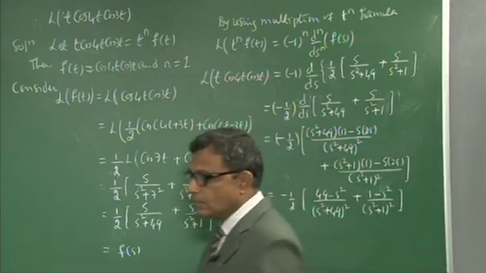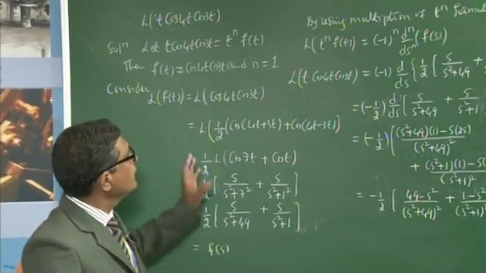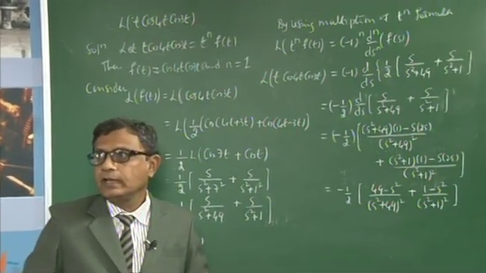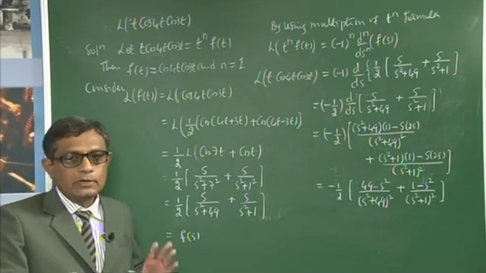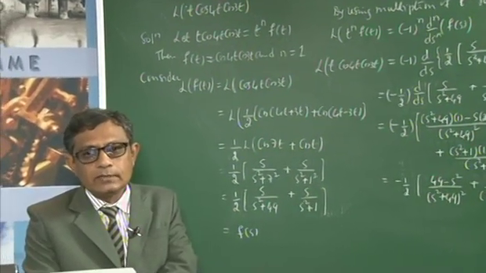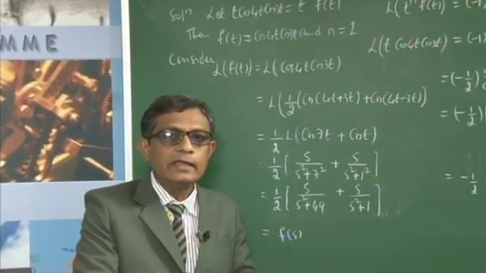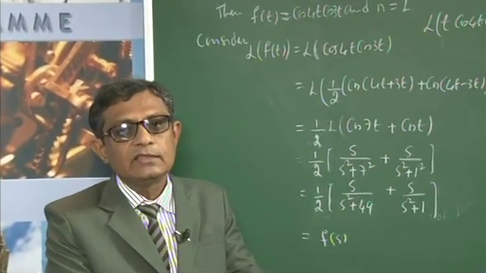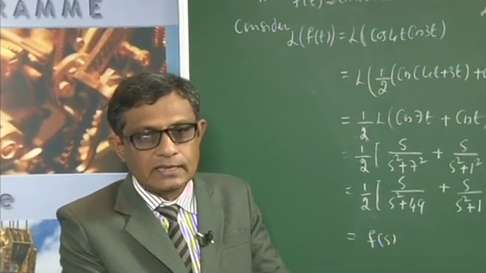Now this is the third example by using the multiplication by t raised to n. Now here we did two properties. One is the first shifting property, where the function is multiplied by the exponential function e raised to at, then the function f of s changes to f of s minus a.